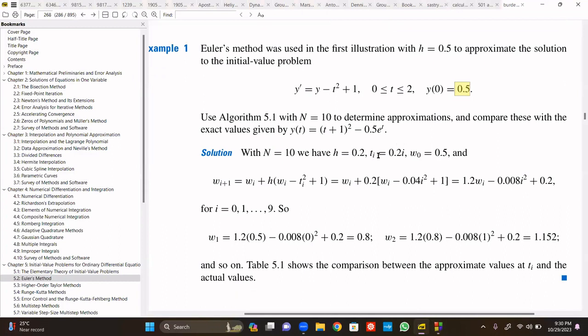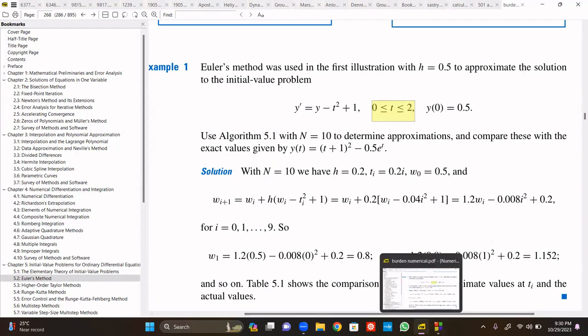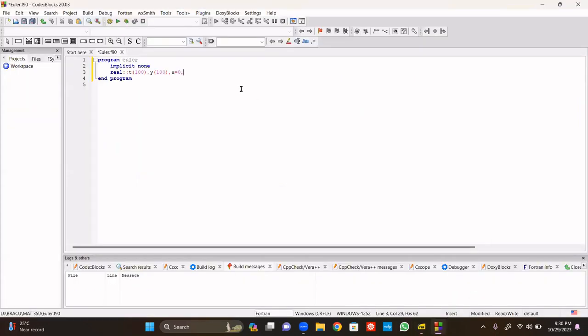So they actually solved the problem. Let's see. Okay, they are using the window 0 to 2 for T. All right, so the ending point should be 2. So let's write B equals 2.